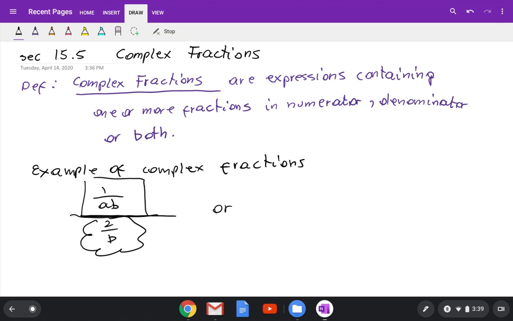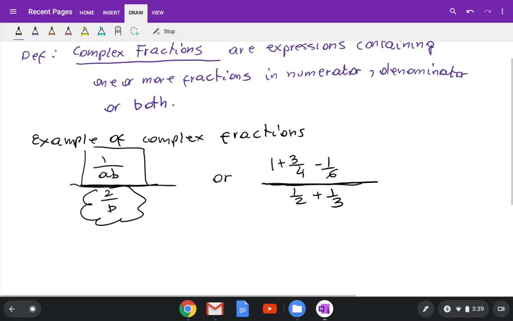Or a different example of a complex fraction, you may have 1 plus 3 over 4 minus 1 over 6, all over 1 half plus 1 over 1/3. So this is also an example of a complex fraction, okay? So your numerator has fractions and denominator has fractions. And of course, the major fraction bar is a division.